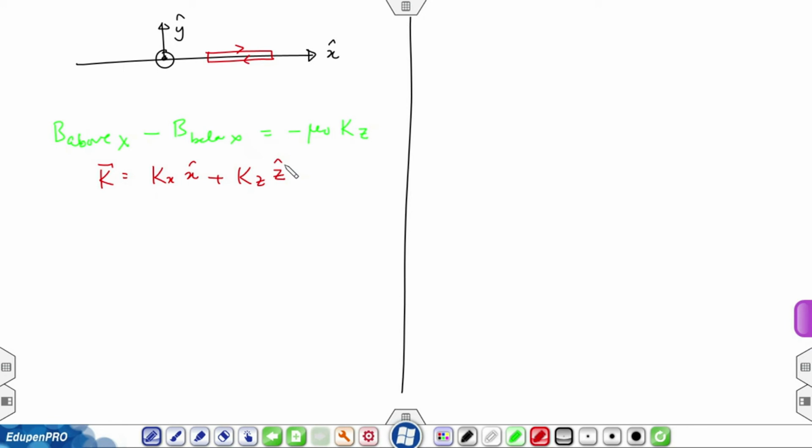In exactly the same manner, I can now take z going to the right, x then will be going in, and y will be going up.